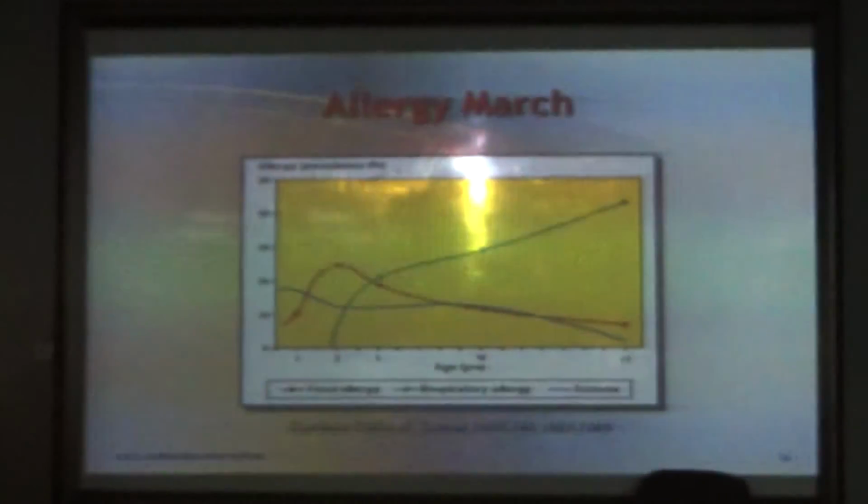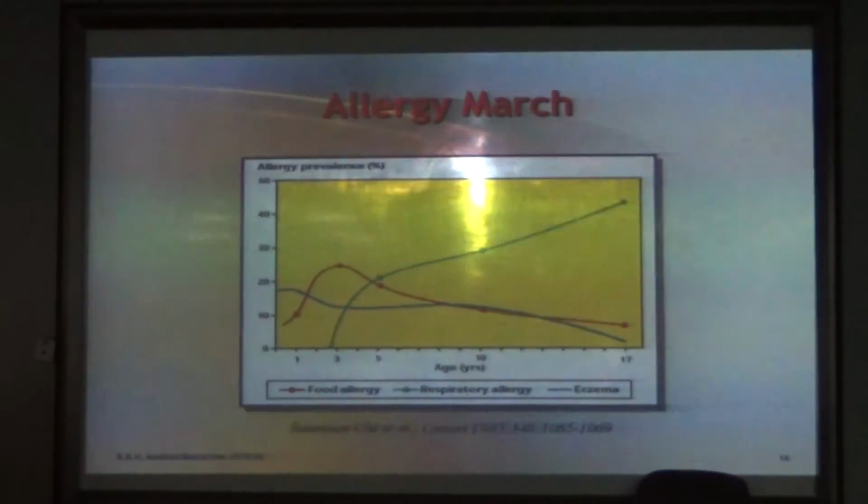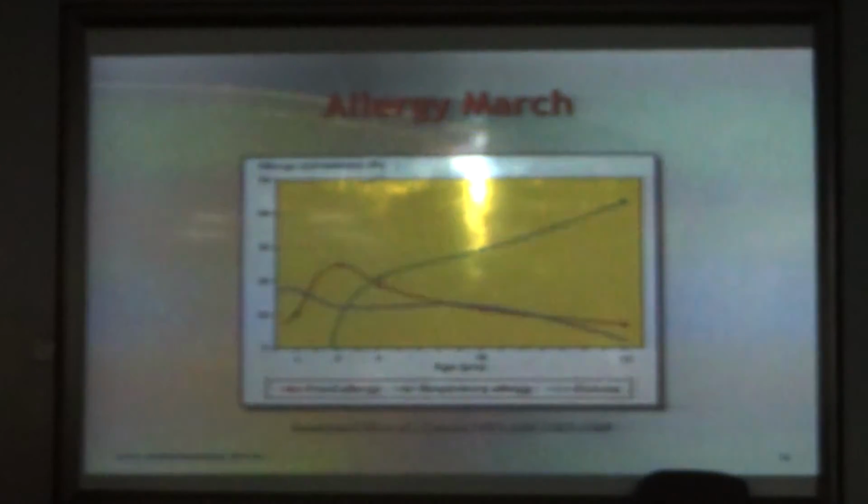If you look at eczema, again, eczema starts and then it goes down. But as I said, if you're not allergic to any of these things, these eczema patches will just vanish. You put some steroid cream and so on in children to avoid these skin disorders, and then they may vanish.